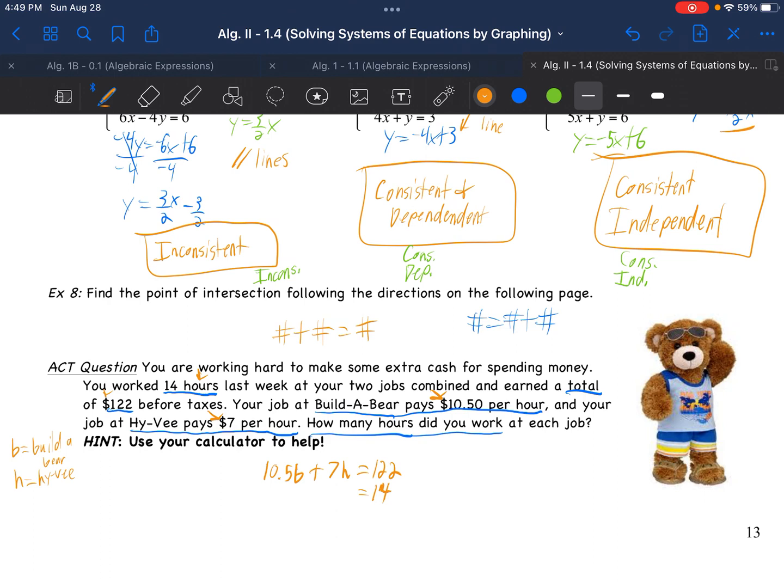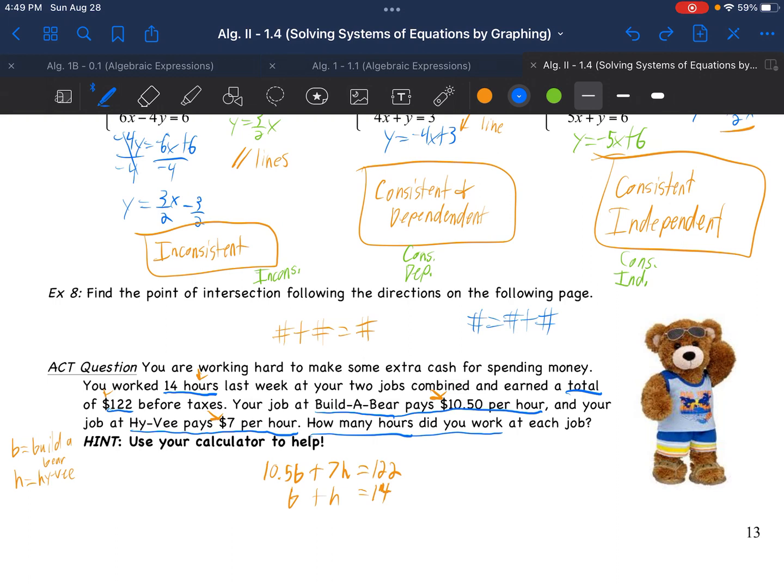There are no numbers left, and we're not going to reuse numbers, so we just do B plus H. The number of hours at Build-A-Bear, B, plus the number of hours at Hy-Vee, H, will equal the total number of hours, 14. Once again, that first equation has all of our dollar signs together, whereas the second equation is all in terms of hours.